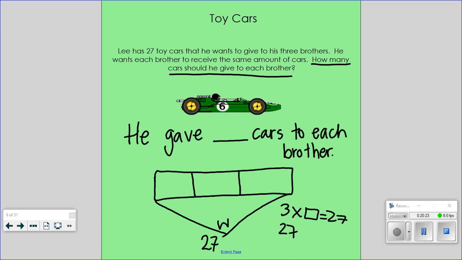I'm dividing that between 3 groups, aka my 3 brothers. And then I will figure out how many each brother gets. So we kind of have 2 equations going on.